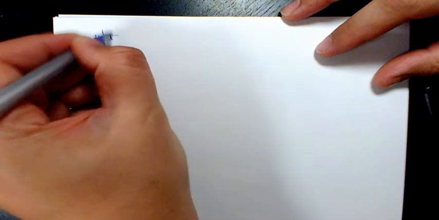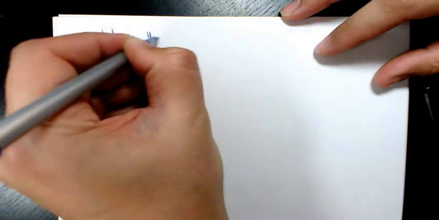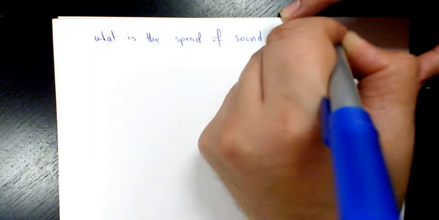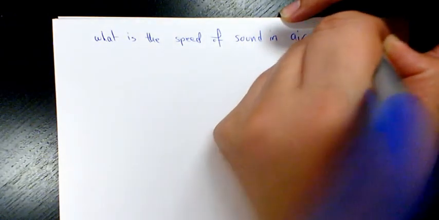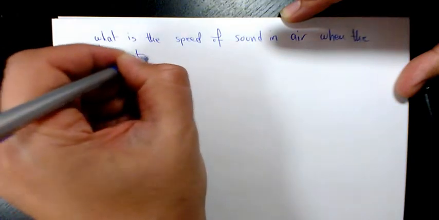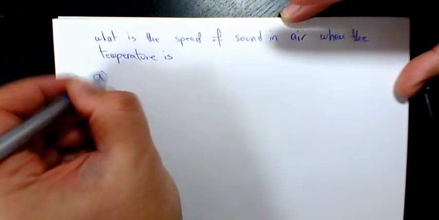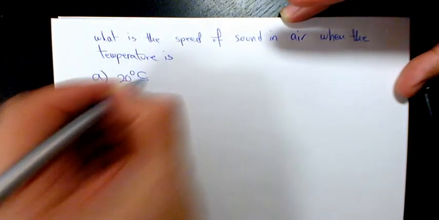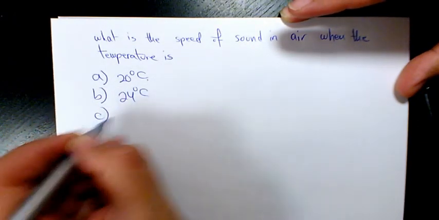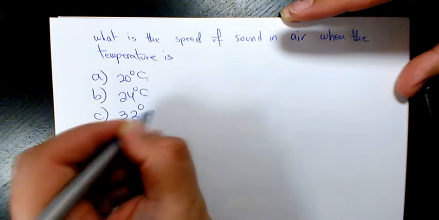What is the speed of sound in air when the temperature is A, 20 degrees, B, 24 degrees, C, negative 32 degrees?